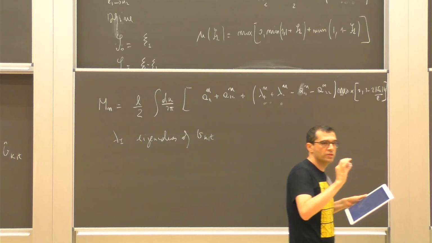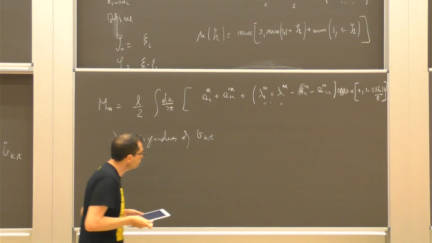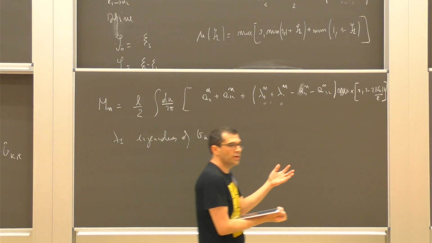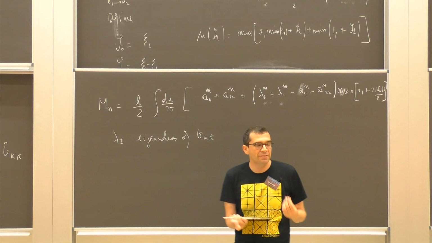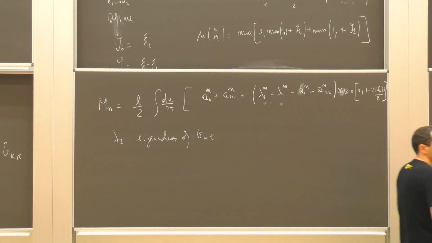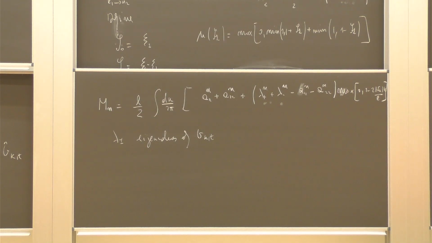Here I should stress something important. We already started learning something: whenever there is a phase factor, you get this max. What does this mean? It means that the dephasing gives the motion to these quasi-particles.